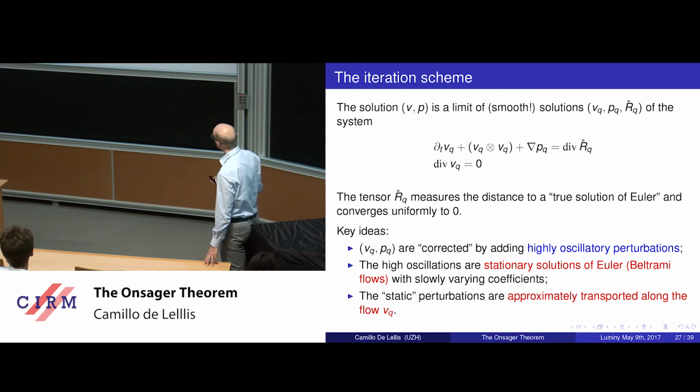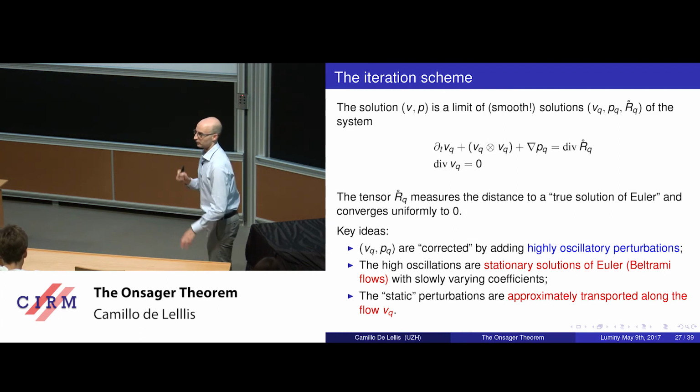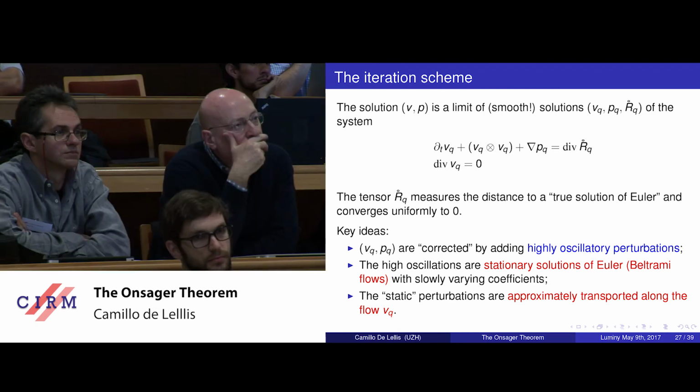And there's something important: these are static perturbations, and the Euler equations are evolutionary. So you actually have to transport the oscillations along the flow of the previous fluid velocity. In a sense, what you're doing is making quasi-stationary perturbations of the v_q, because the oscillations are much faster than the advection of the fluid velocity for the v_q of the previous iteration.